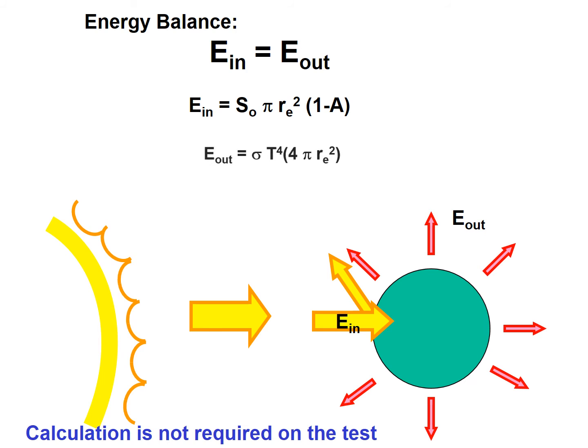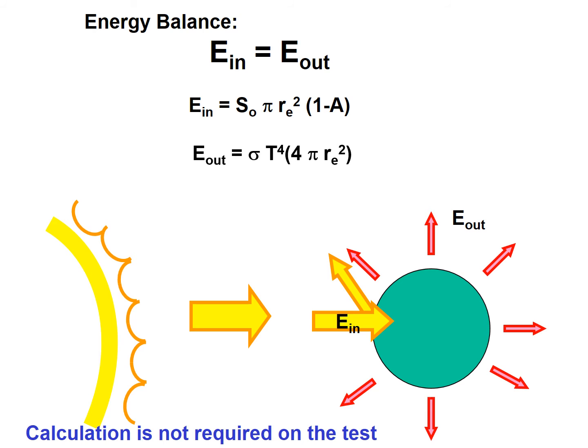So per unit area, how much energy gets out? Based on the Stefan-Boltzmann law, sigma T to the fourth power. That's per unit area, times the total area of Earth's surface, 4 pi r squared, where r is the radius of Earth. We know this.